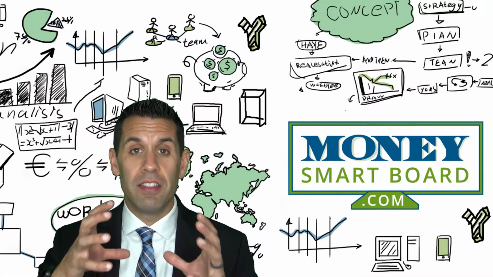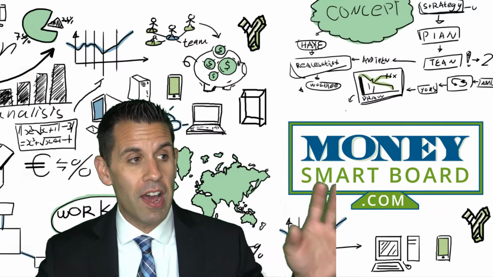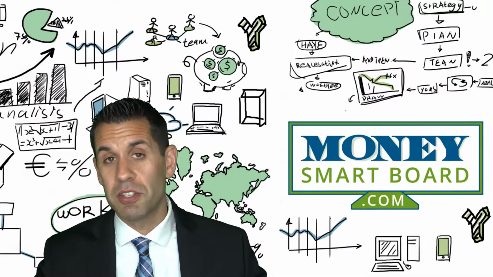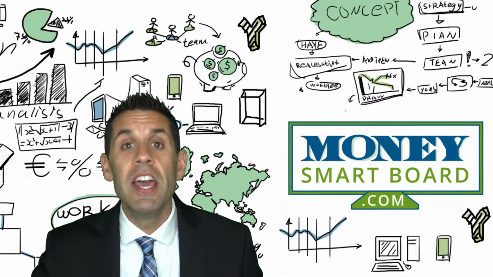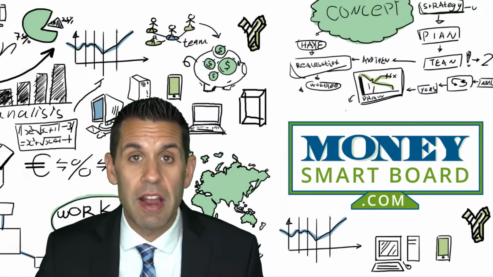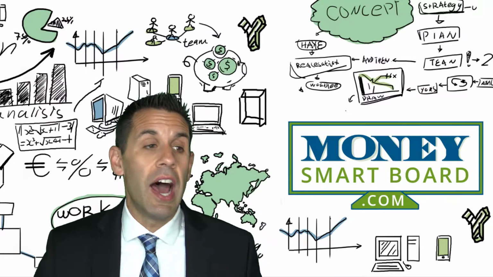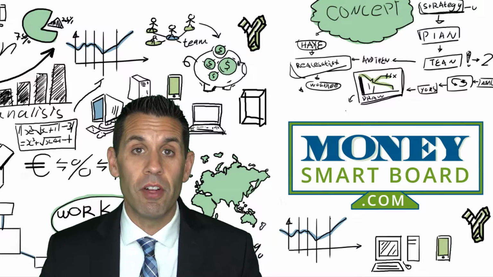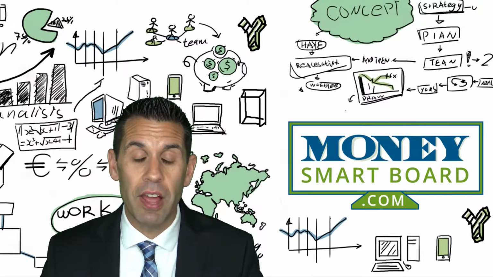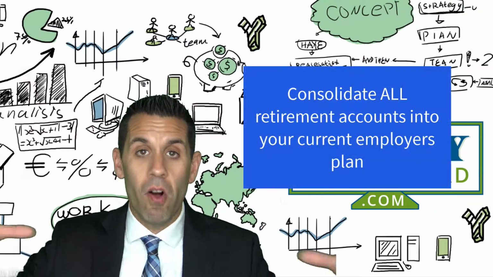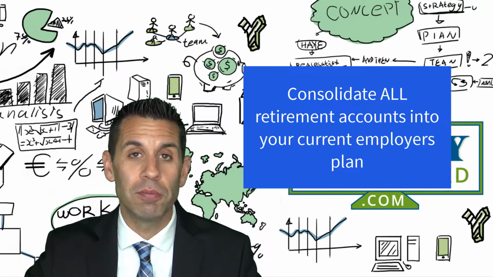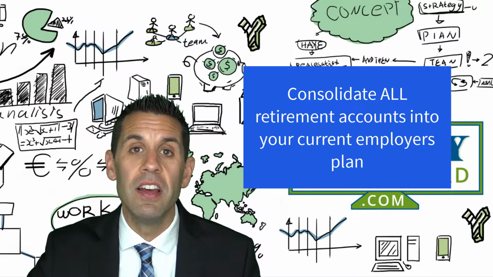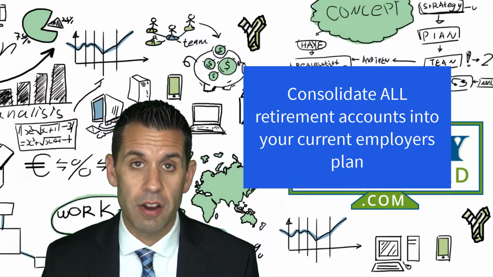If I've got this 401k with my current employer, but I've got IRAs and other 401ks and I'm still working and over age 70 and a half, and I don't need or want the income from these IRA distributions, most 401ks will allow rollovers of other 401ks and IRAs into their plan. Why not consolidate all those retirement accounts into my current employer's plan, and then I completely avoid the RMD for that year.